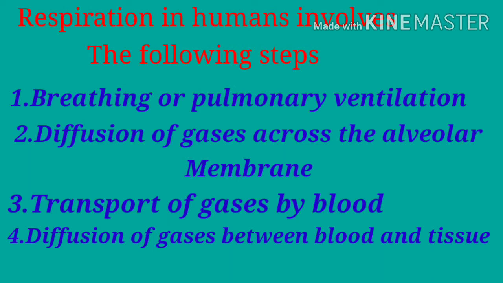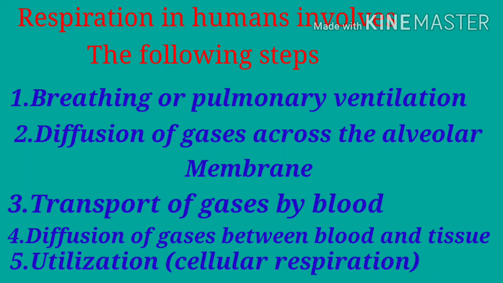Oxygen and carbon dioxide diffuse between the blood and tissue. The fifth one is utilization, also called cellular respiration. When oxygen enters the tissue, the food in the tissue reacts with oxygen in a catabolic reaction, forming water and ATP. This process is called cellular respiration.